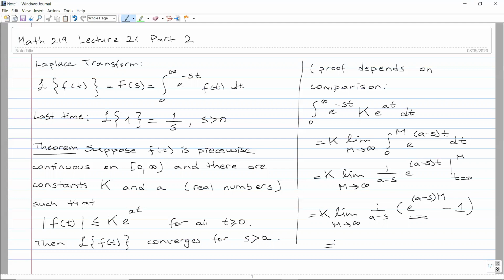So this limit is going to be k over s minus a if s is larger than a. So when s is greater than a, this improper integral converges. So by comparison, the improper integral of f also converges. That's where this condition s greater than a comes from, so that the limit of this exponential exists. Okay, this is basically the sketch of the proof.